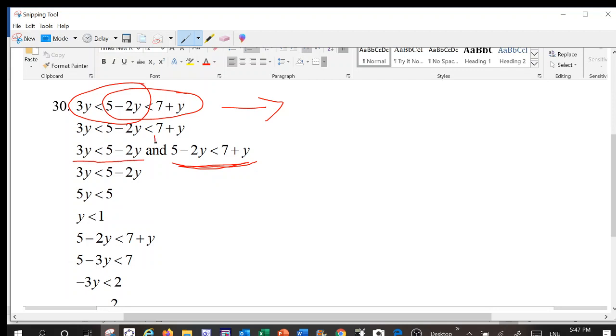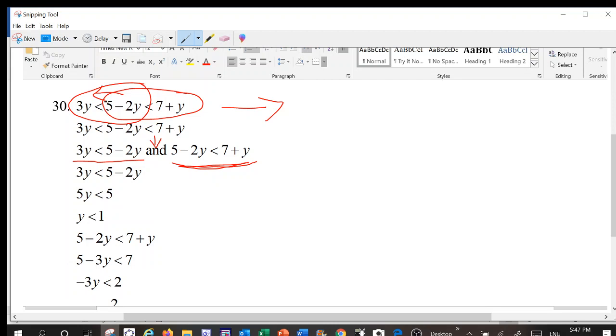And then we have to put the word "and" in between. Why? Because we want both of these to be true at the same time. We want 5 minus 2y to be less than 7 plus y, and at the same time we want it to be greater than 3y.